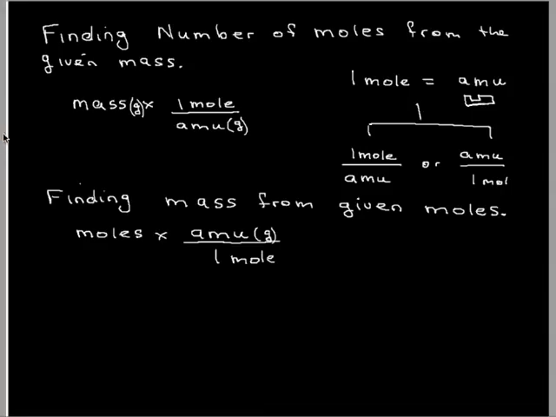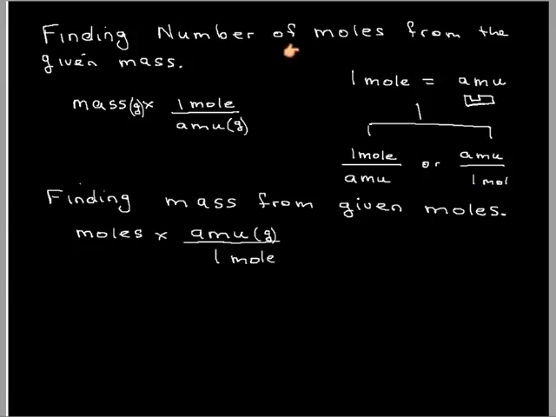So how do we find the number of moles from a given mass? The very first thing you need to do is go to the periodic table and get the atomic mass unit. And 1 mole would be equal to that atomic mass unit. From there you can create 2 conversion factors.